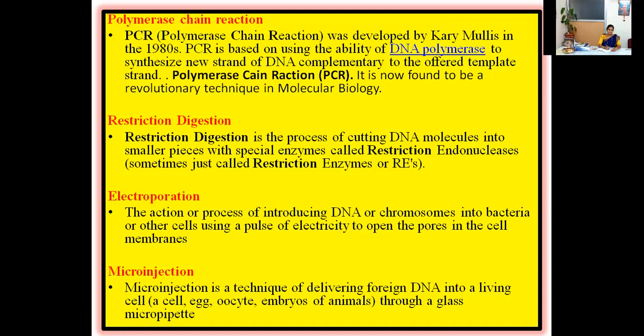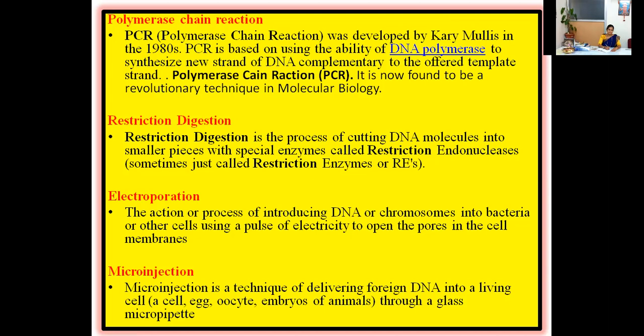It is now found to be a revolutionary technique in molecular biology. PCR can also be known as people's choice reaction. In PCR, we have three steps: first denaturation, then annealing, and extension. At different temperatures, PCR will work.